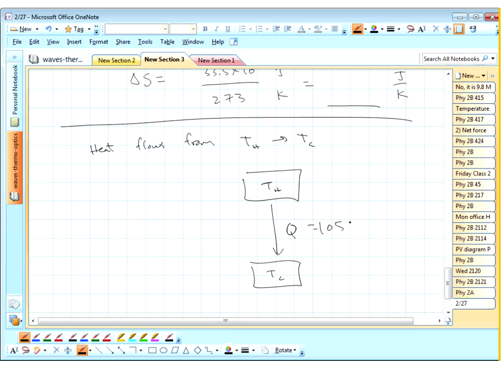So they picked some number: 1,050 joules of heat flows from a hot reservoir, and they let their hot reservoir be 576 Kelvin, and their cold 305.